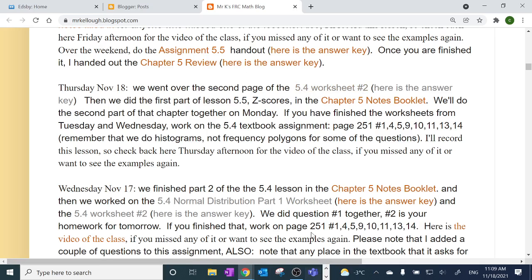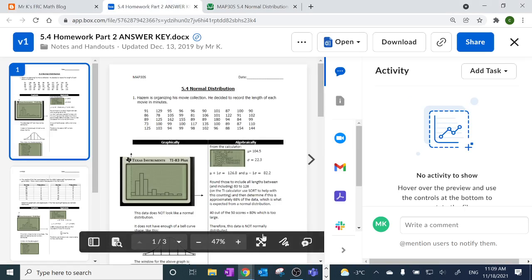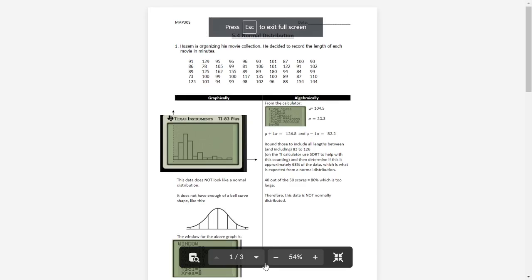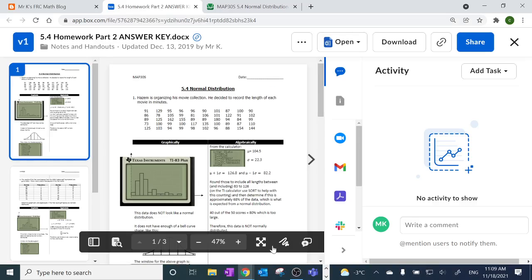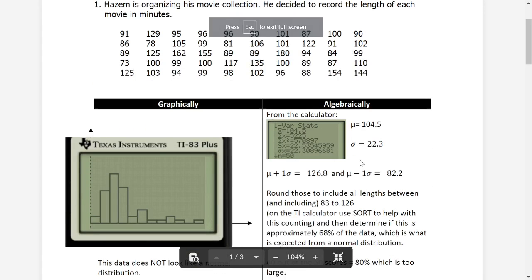So what I'm going to do first of all is go and open the answer key to this. Now, if you go to yesterday's video, I went through in some detail how to do this question on the TI calculator.